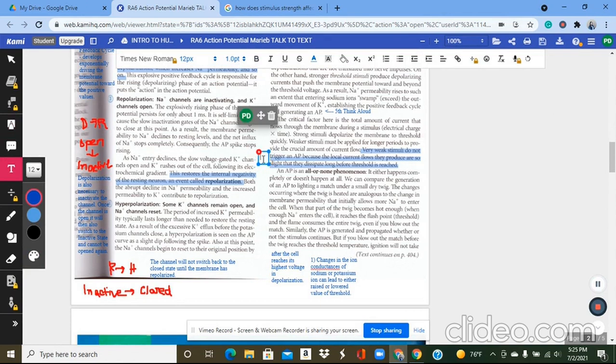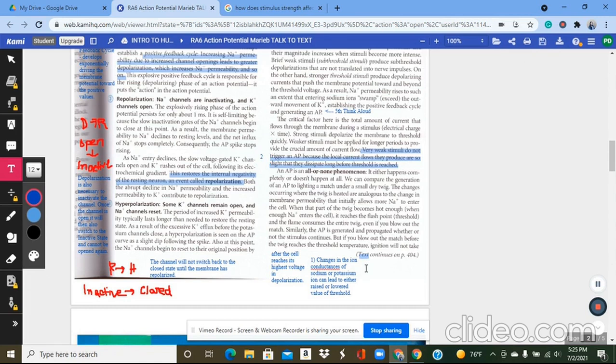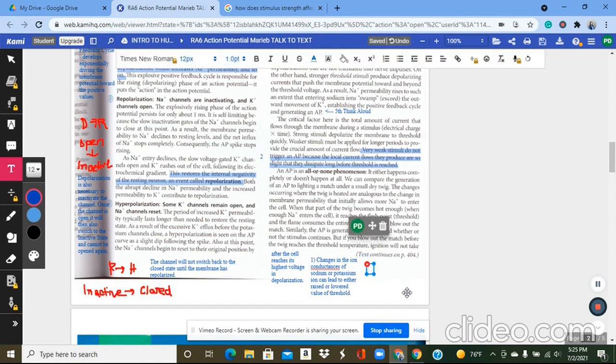Okay, so based on that statement, how does the stimulus strength affect the action potential?